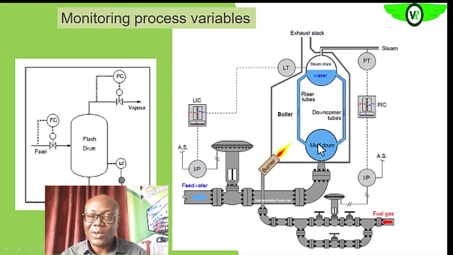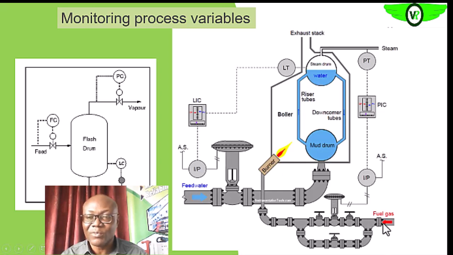Then now we also have other, if the energy that is contained, the steam pressure is not high enough. Okay, we need to increase the steam pressure. You see that there is a pressure sensor here, pressure transmitter, pressure controller, that sends signal to the fuel valve.